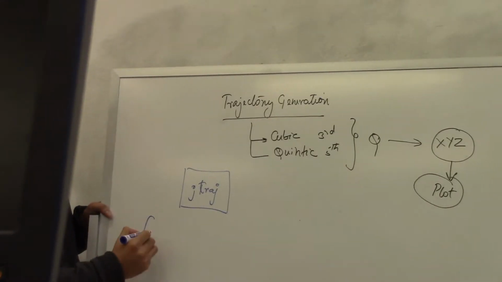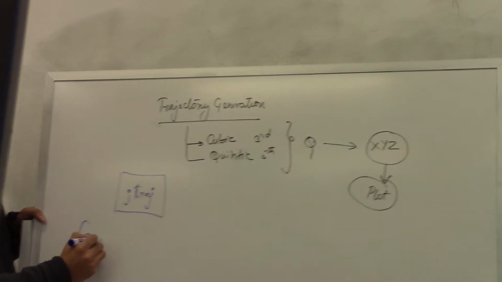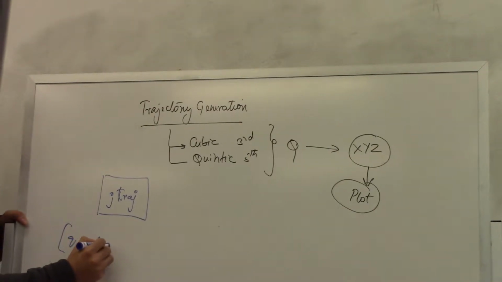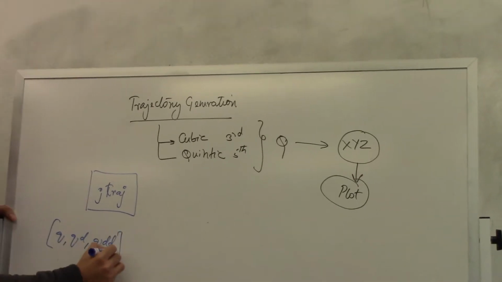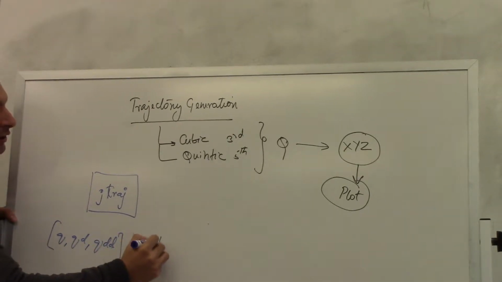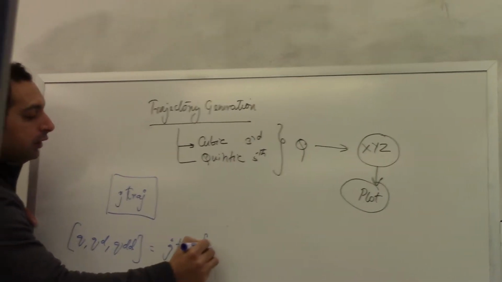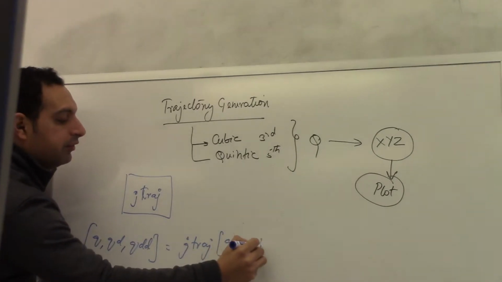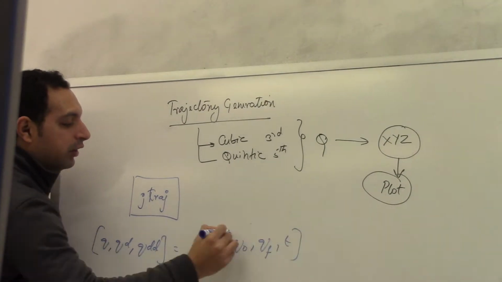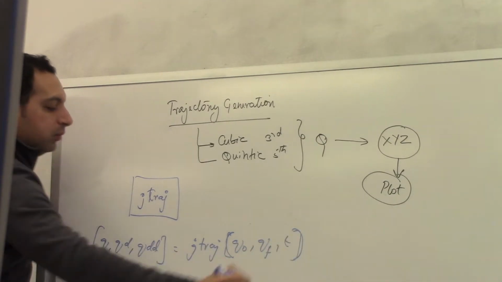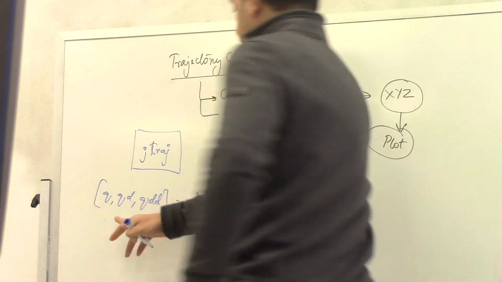It will give you q, qd, qdd, and this will be jtraj(q0, qf, t). You can give in more parameters, but this is the functional prototype.